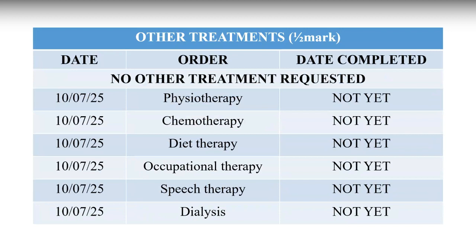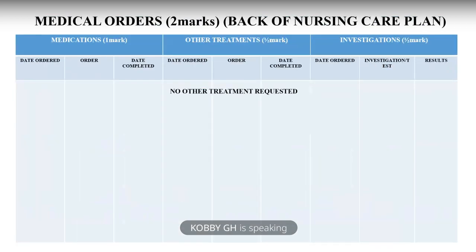If they think in 3 days' time they will discharge the patient and the patient requires physiotherapy, that is when they will arrange it. So it's not all the patients on the orthopedic ward who are on physiotherapy, unlike other places where it is part of the routine interventions that they give. Okay, so the other treatments, no other treatment requested, just like this. Okay, great.